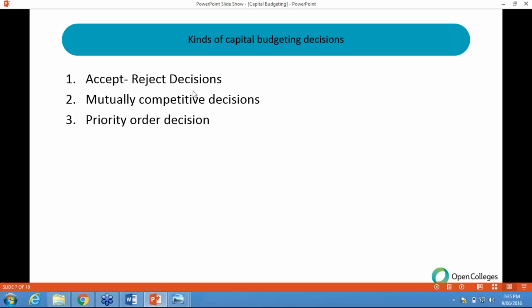So what does the company normally do here? The company decides on a predetermined rate of return, and we calculate the rate of return earned from that machine, for example, the profit from that machine.